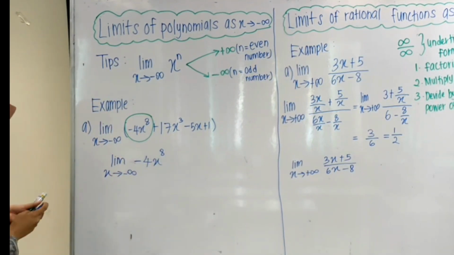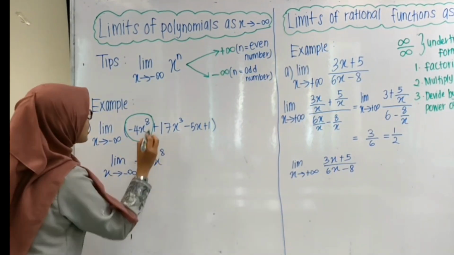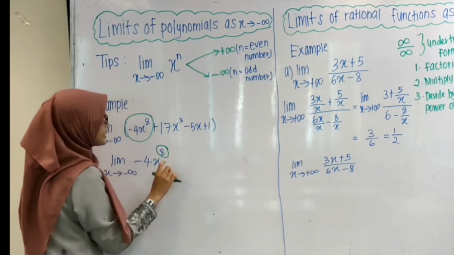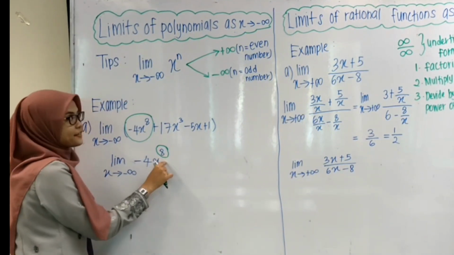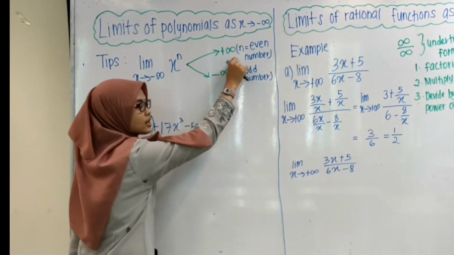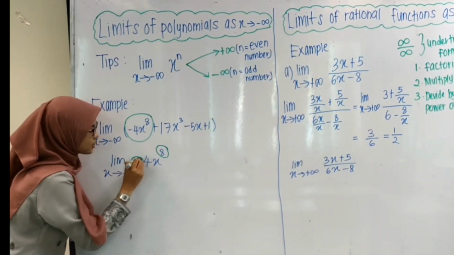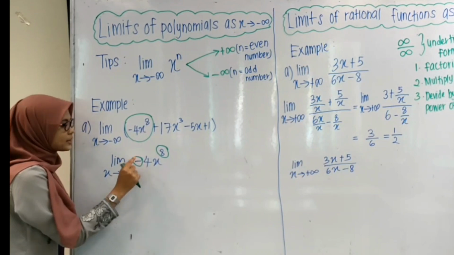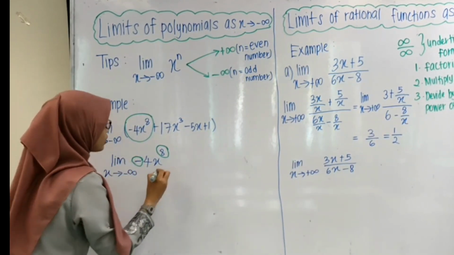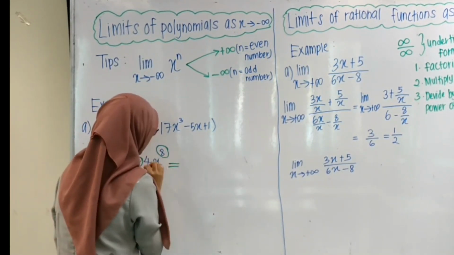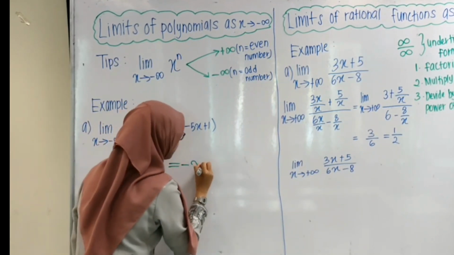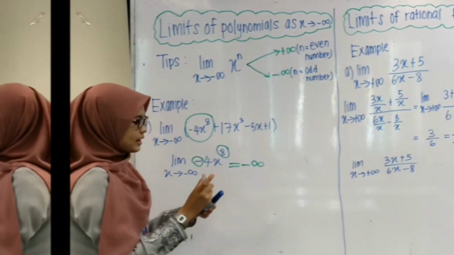As we can see here, the power n is an even number, so the answer will be positive infinity. But we must be careful here, we have a sign which is negative. When negative times positive, the answer will be negative infinity.